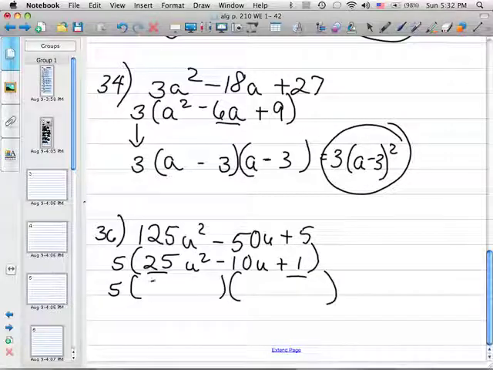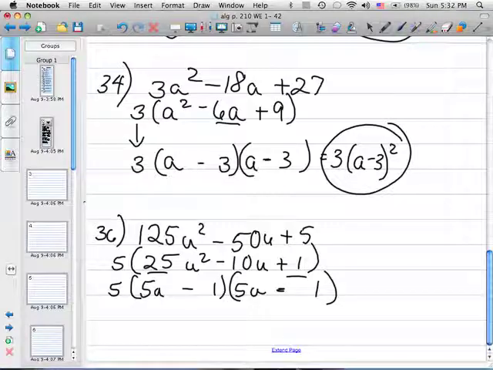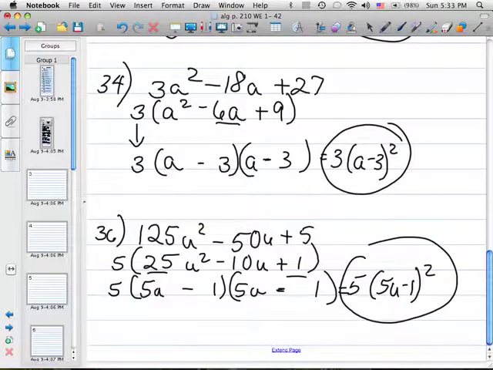The square root of 25u squared is 5u. And the square root of 1 is 1. 5u times 1 is 5u. The middle is twice that, so it is a perfect square trinomial, and they're both minuses. Shortened form is 5 times the quantity, 5u minus 1 squared the quantity.